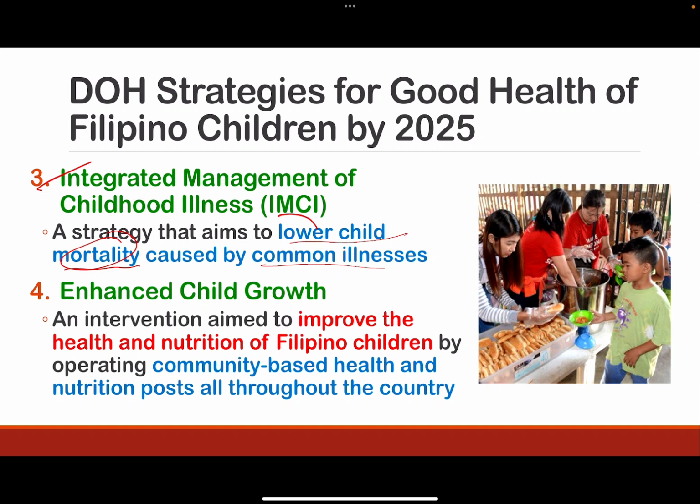Again, it focuses on decreasing child mortality, so that children do not die from what are usually just common illnesses.